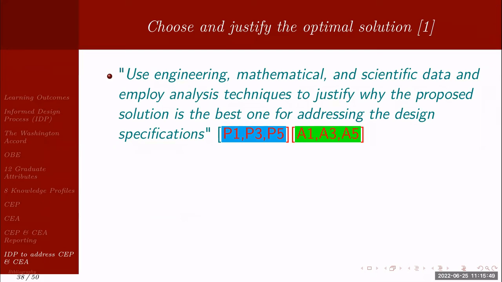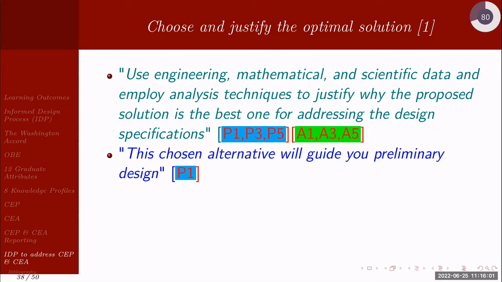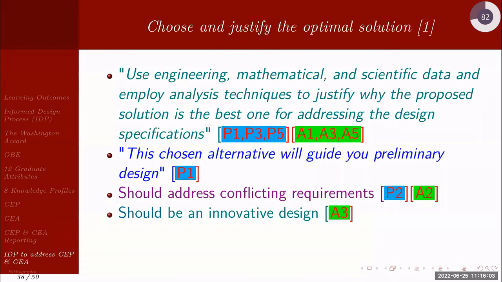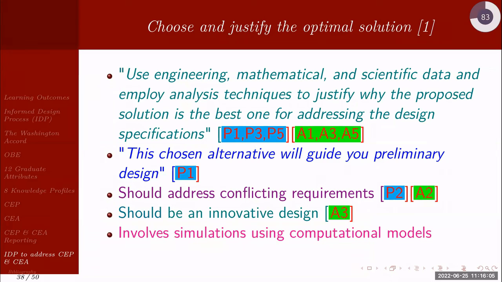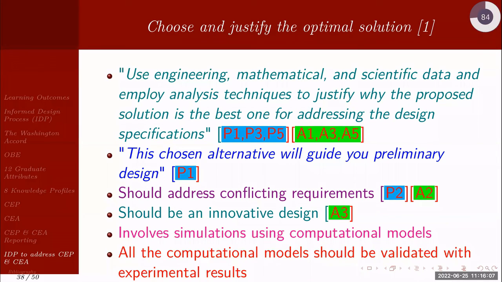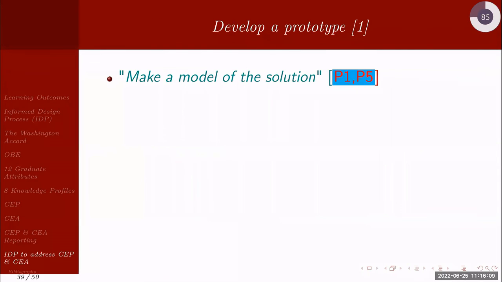Choose and justify the optimal solution. In this case, it's related to several ranges of complex engineering problem solving and 3 ranges of complex engineering activities. Later on, inshallah, these slides will be shared with you. You will see that different levels of the informed design process are related to different ranges of CEP and CEA.